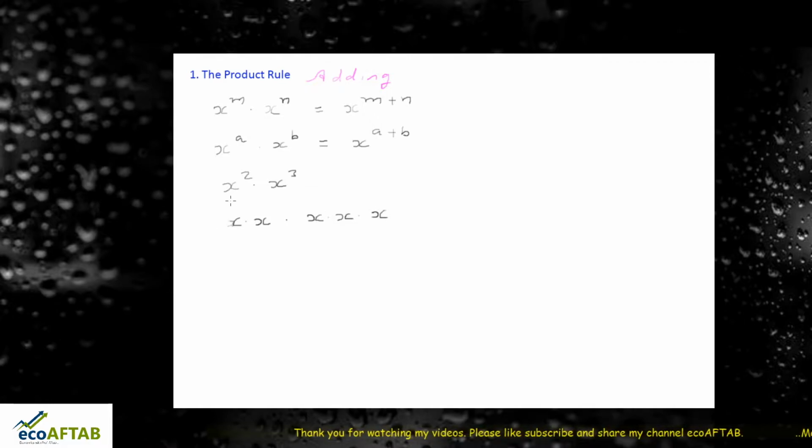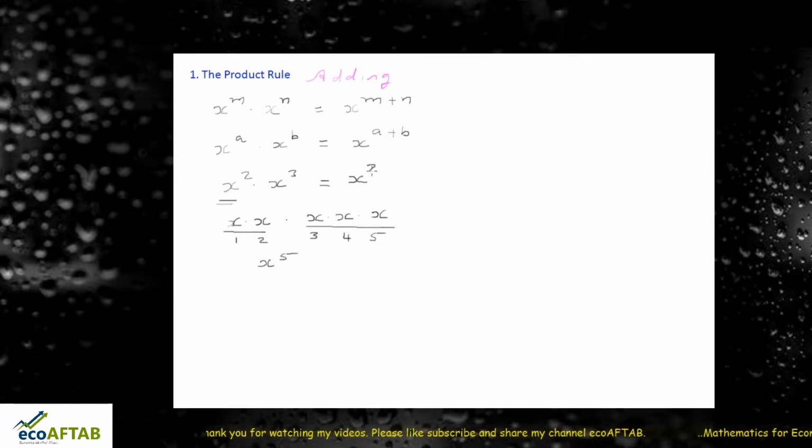So here if you see, x into x, x cube, all these things together, 1 2 3 4 5, it is x raised to 5. The same thing here we are doing, x raised to 2 plus 3, and that is equal to x raised to 5. So this is the product rule where we are adding the exponents.